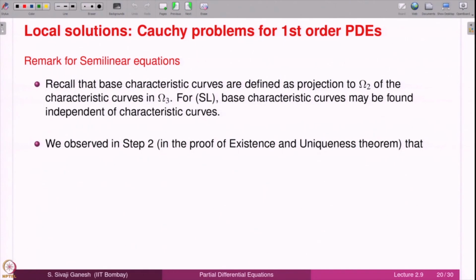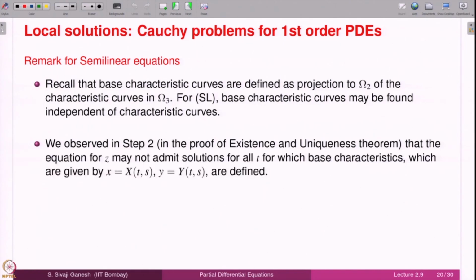Now, we observed in step 2, namely in the proof of the existence uniqueness theorem, that the equation for z may not admit solutions for all t for which base characteristics are defined, simply because dz by dt is a nonlinear equation. For a general semilinear equation, dz by dt is a nonlinear equation, and solutions to nonlinear equations, as we said, as a rule are only local solutions.